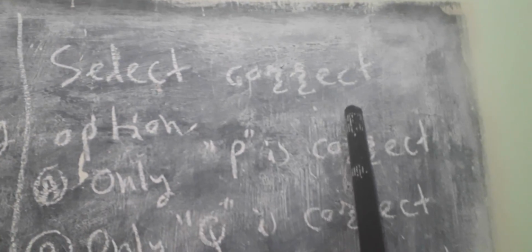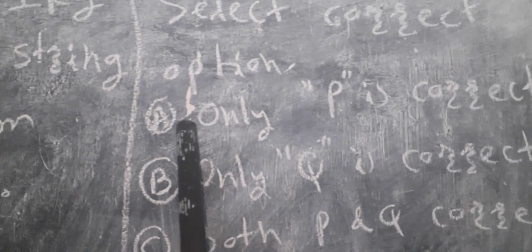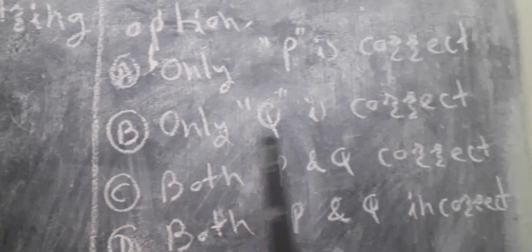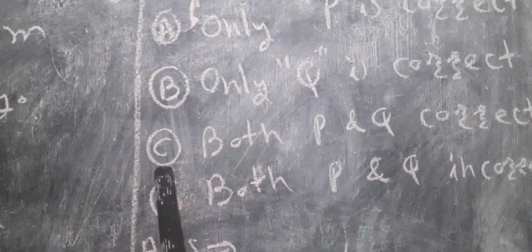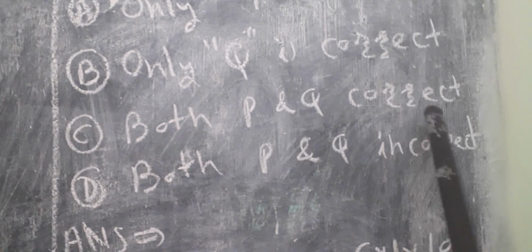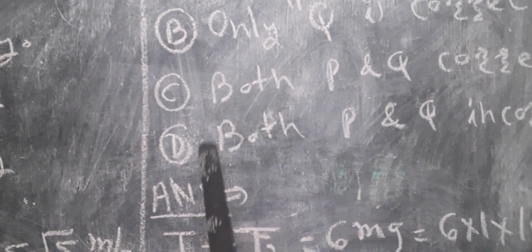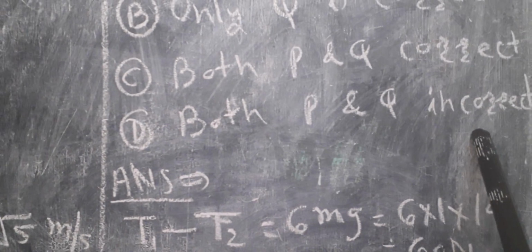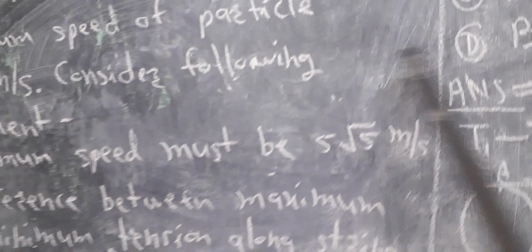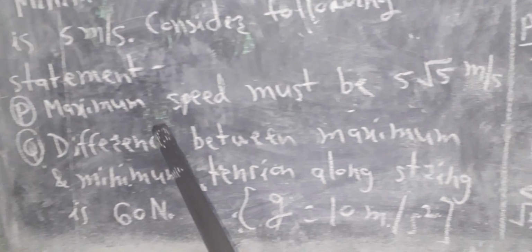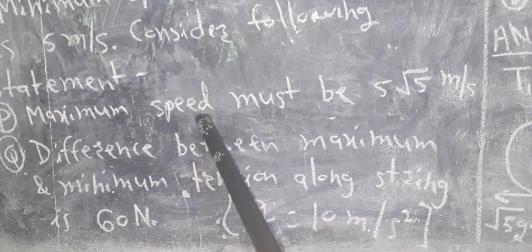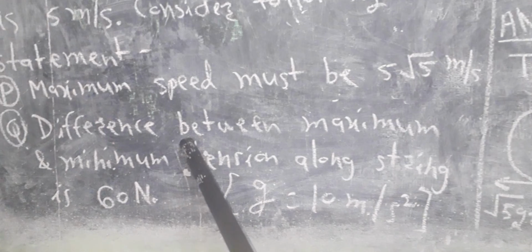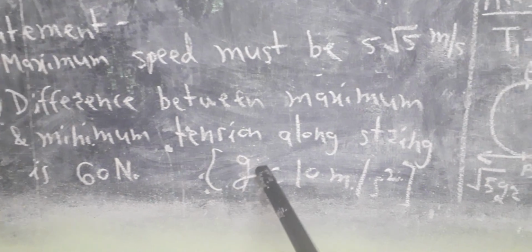Select the correct option. First option A, only P is correct. B, only Q is correct. C, both P and Q correct. And D, both P and Q incorrect. So here we are given statement P, maximum speed, and second, the difference between maximum and minimum tension, 60.